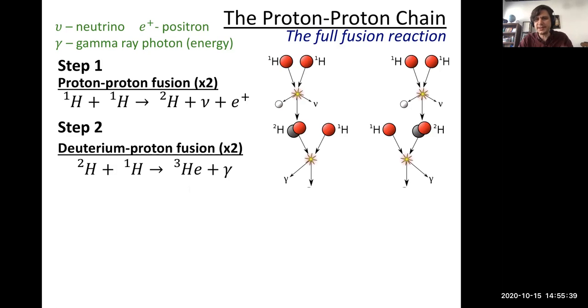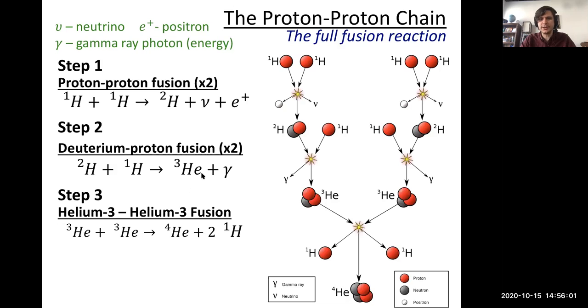That would be helium that has 2 protons and 1 neutron. In this process, we release energy in the form of gamma ray radiation, a photon. So now we have built our way all the way up to helium-3, and the helium-3 is going to be the input for the next step.